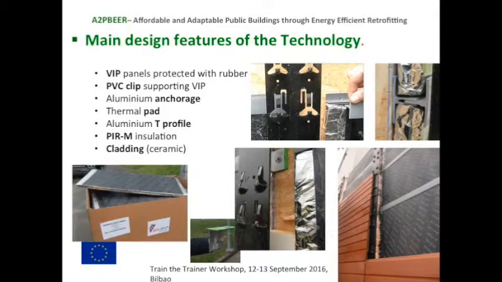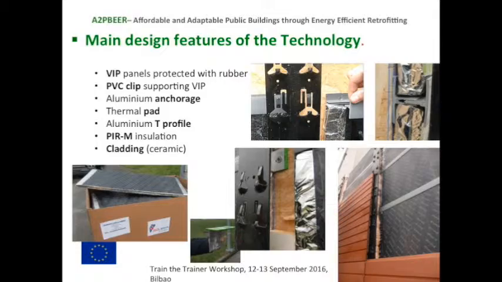The main design features of these technologies are a summary of the different components of the external facade. We have the big panels protected by rubber, because although all the components are commercially available, we have to improve all of them.